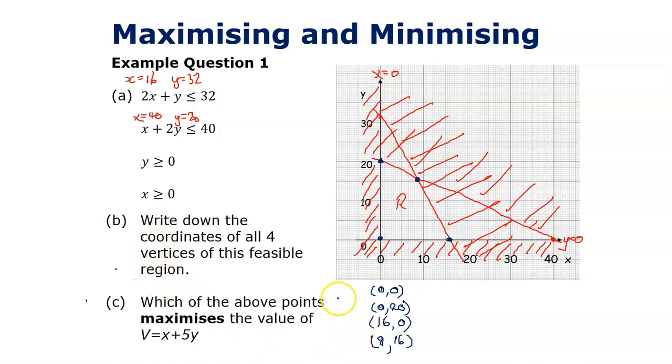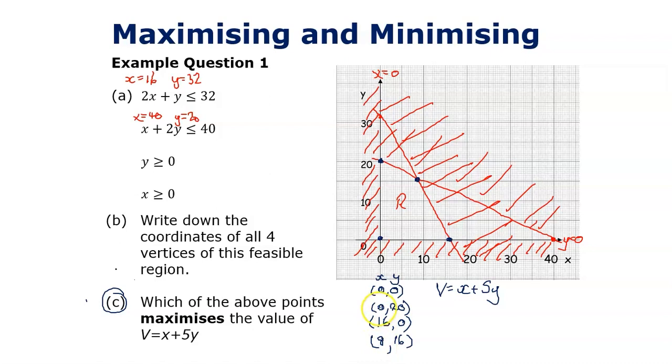And what I now am meant to do is, for part C at least, I've just got one more job. It says, which of the above points maximizes the value of v equals x plus 5y? So I think of this as v equals x plus 5y, but I have values for x and y here for all my 4 points.